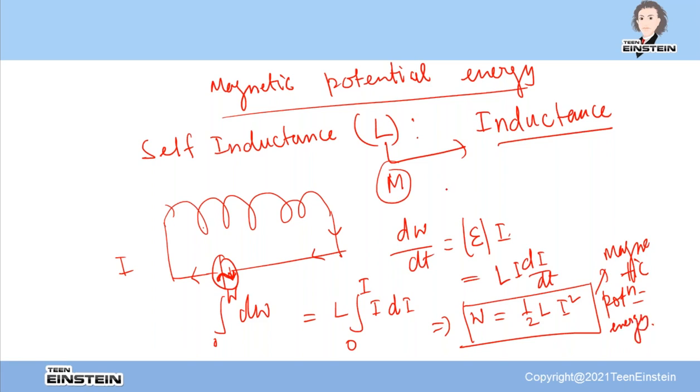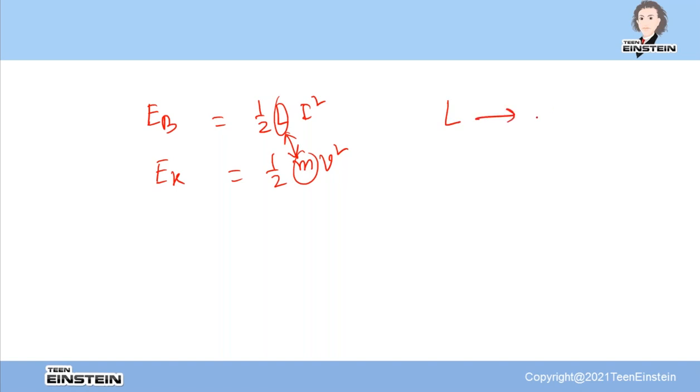So look here, we have magnetic potential energy, call it U_B, equal to half L I square, and we also know mechanical kinetic energy, half m v square. If you compare these two, they are actually doing the same job. In an electrical circuit, L inductance is equivalent to mechanical inertia, which is mass in the mechanical system.